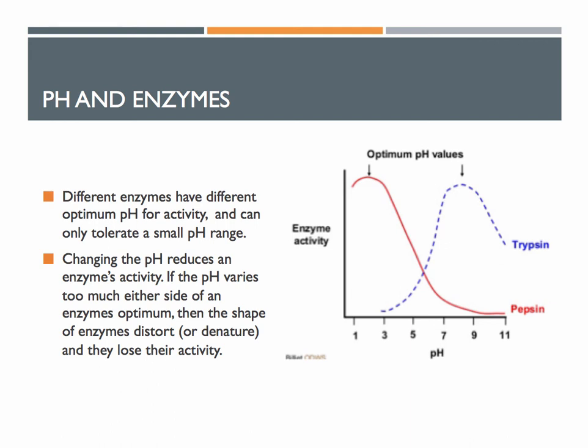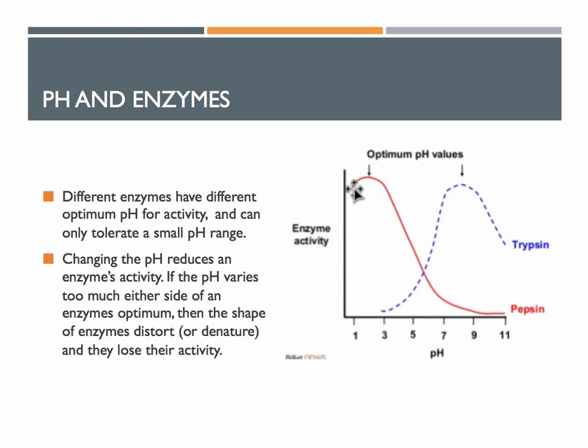If we change the pH too much, it reduces the enzyme's activity, so it basically stops working. Because a change in too much pH causes the enzymes to denature, is what we call it, which basically means they distort and their shape changes and they lose their activity and can't work anymore. So you can see the example in this graph.